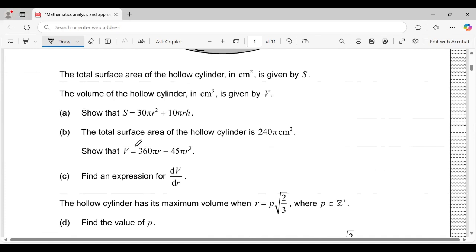The surface area of the hollow cylinder is 240 pi centimeter squared. Show that the volume equals 360 pi r minus 45 pi r cubed.